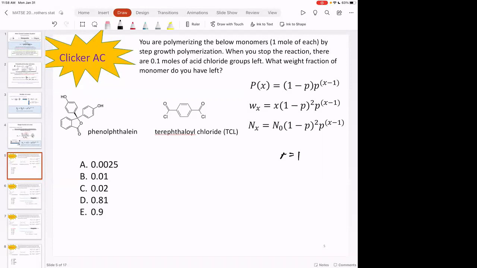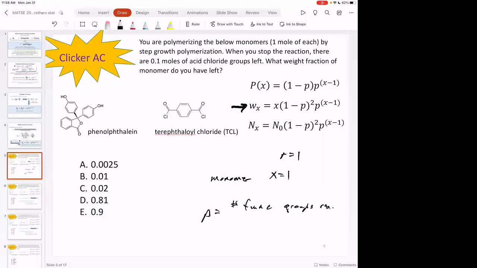Weight fraction is this equation, monomer, X equals 1. And so what's the one variable that we don't know in that equation? P, right?